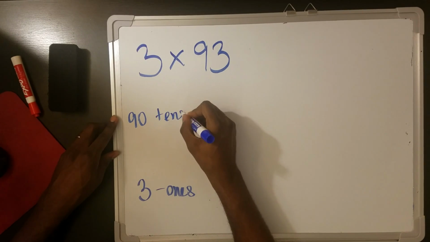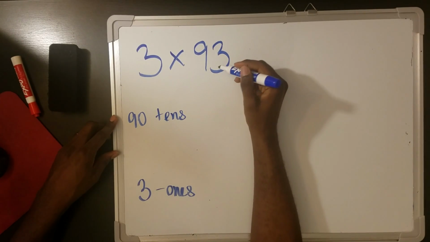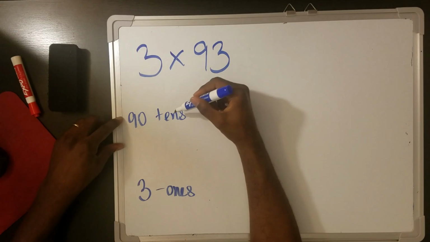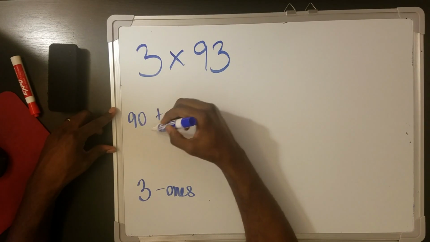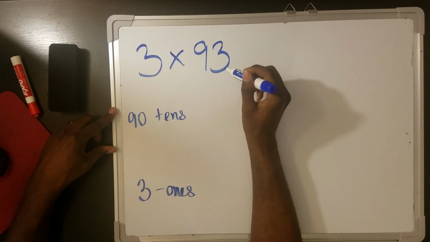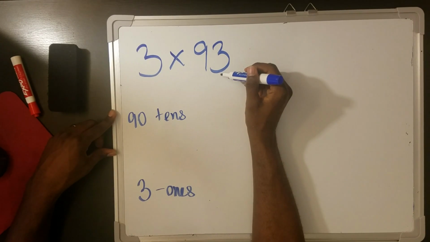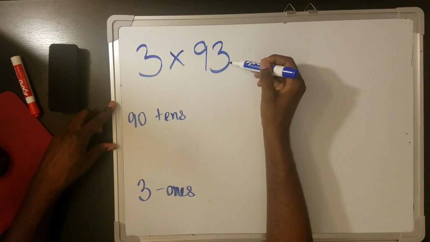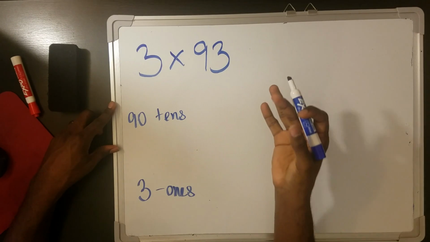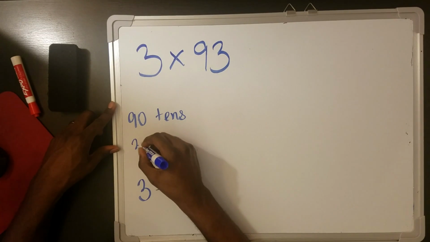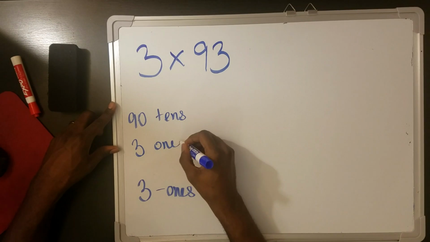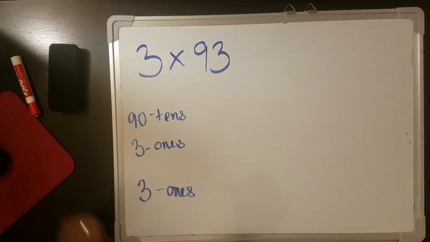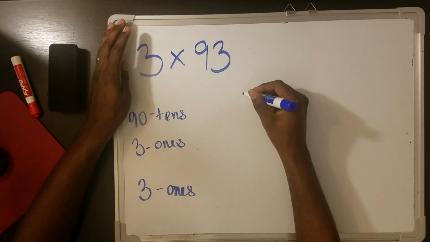Going to be in the tens. So 93, we know it has a tens. How about a ones? Does it have a ones place? Yes. This 3 is in the ones. We have 3 ones. Perfect. So now let's draw our box.